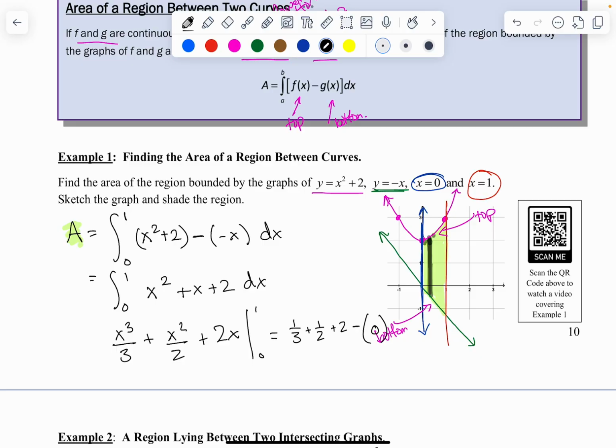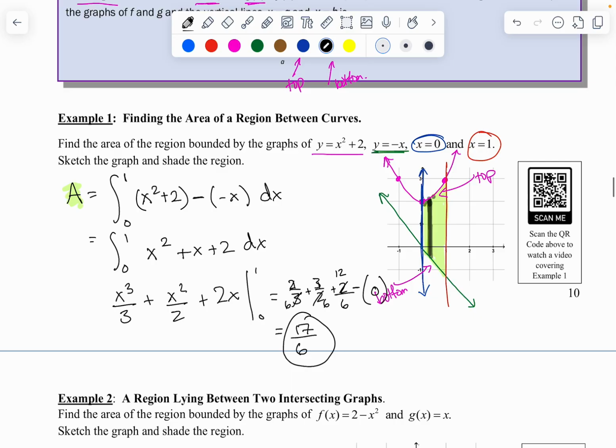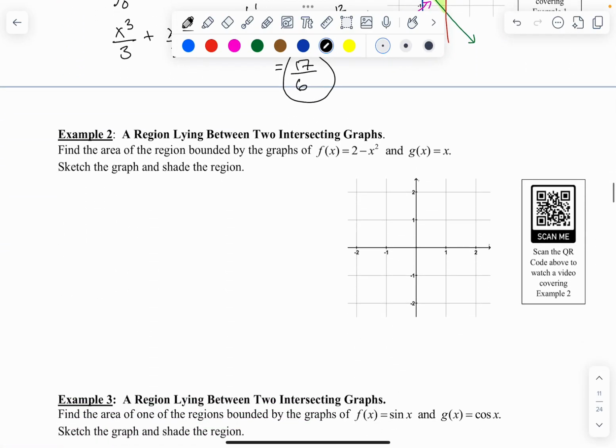So 1/3 plus 1/2 is 5/6, and that gives 17/6. So that is the area of that green section between that top and bottom function.